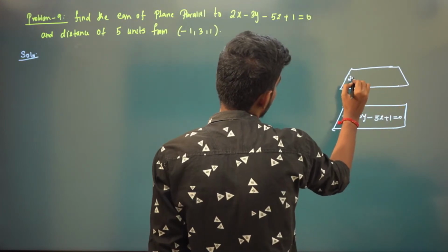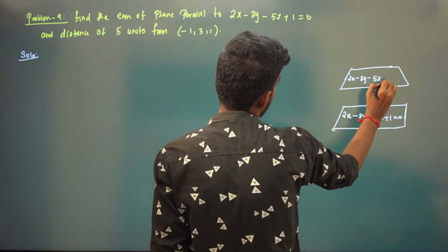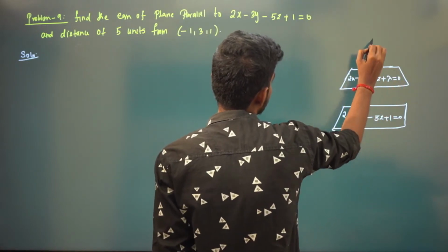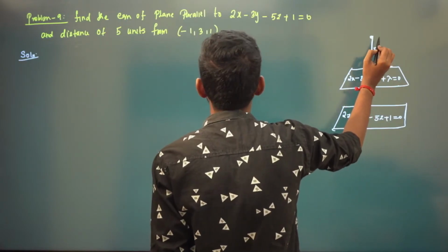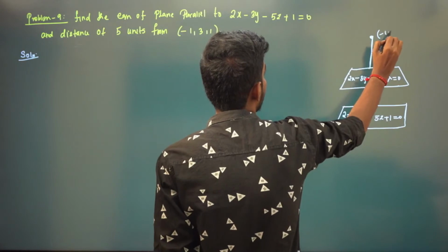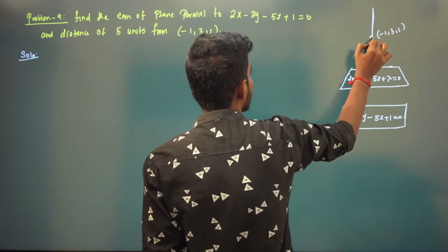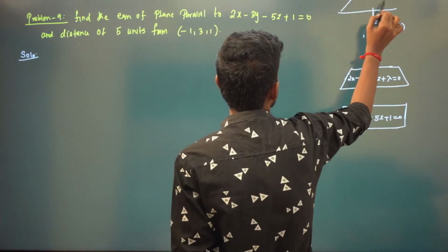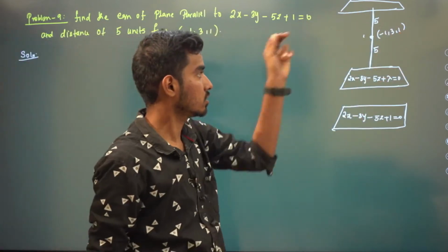So we have to find this: 2x minus 3y minus 5z plus lambda is equal to 0. This has to be at a distance of 5 units from (-1, 3, 1). Similarly, you will have here also, this is our (-1, 3, 1). So we will have again two planes. So we need to find these two equations, right?